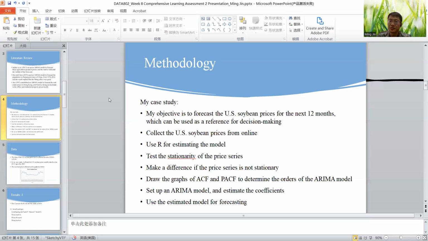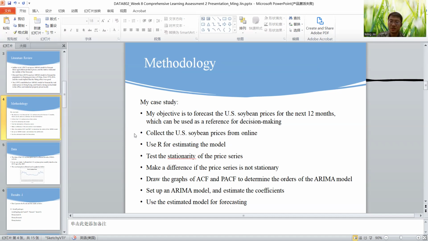For the soybean planters in the United States, based on the forecasted prices in the future, they can know roughly whether the price will rise or go down, so that they can make plans in advance whether to increase or decrease the scale of their production.